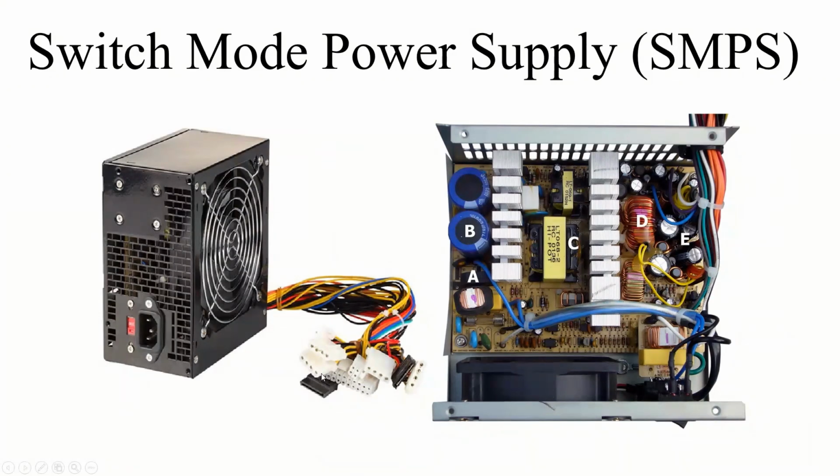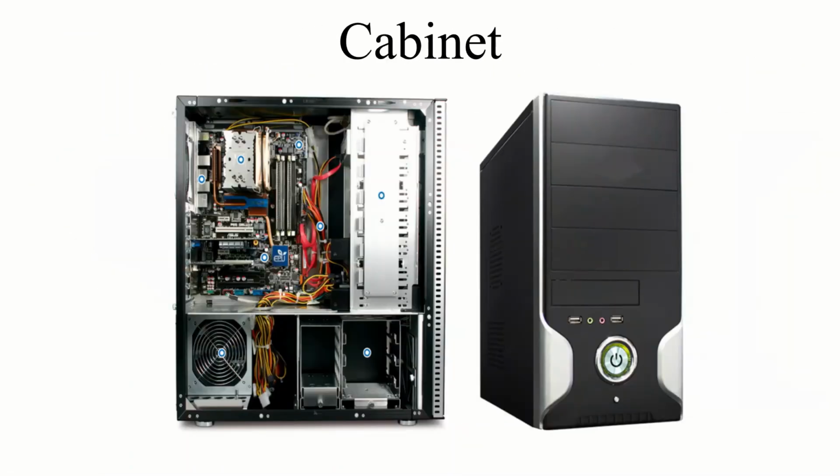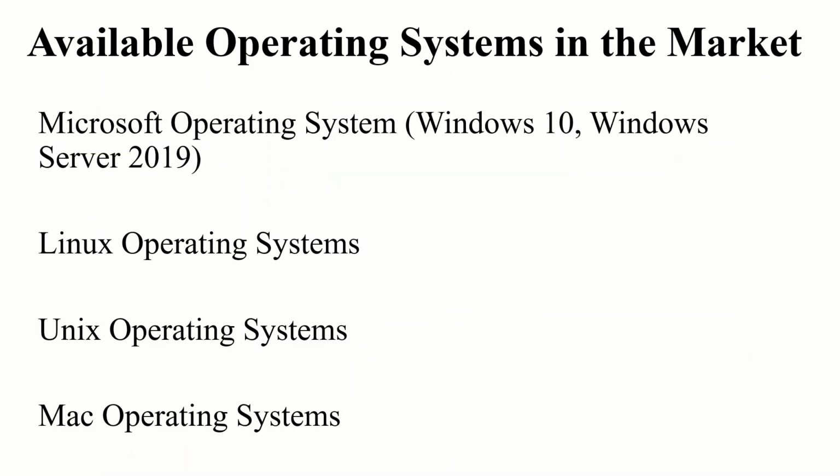So there are different things we need to check, and we can do the basic troubleshooting before calling the engineer, because due to COVID or lockdown, we should avoid having someone come inside our home.